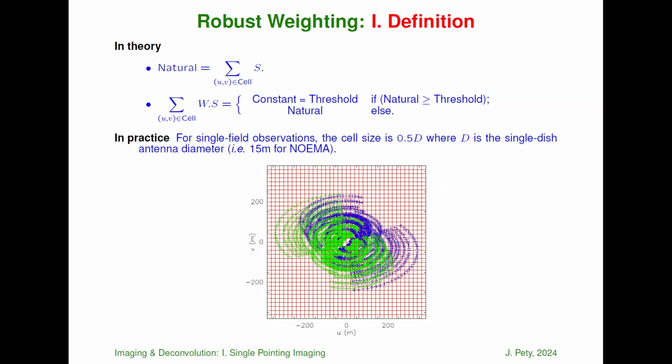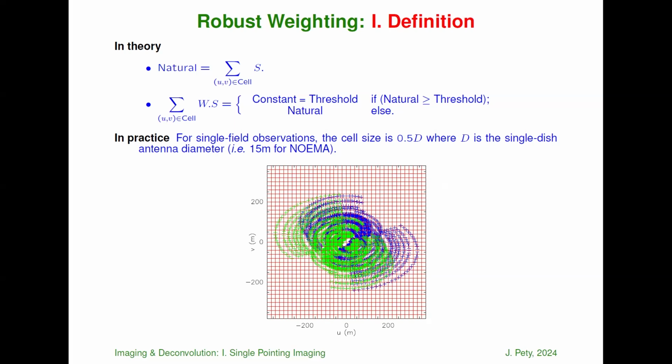On the outer part, for instance for this pixel, you have only one visibility. Because of this, the natural weight will be small, probably smaller than the threshold, and you will keep it. Why will you keep it?